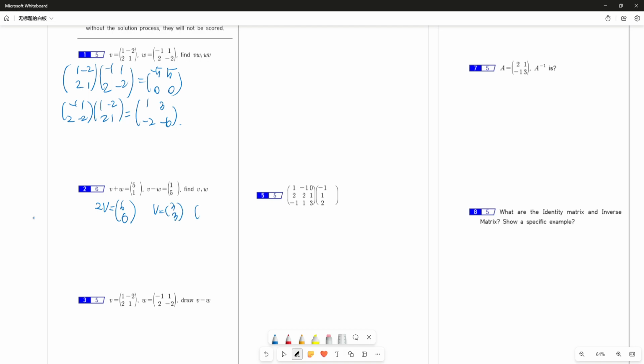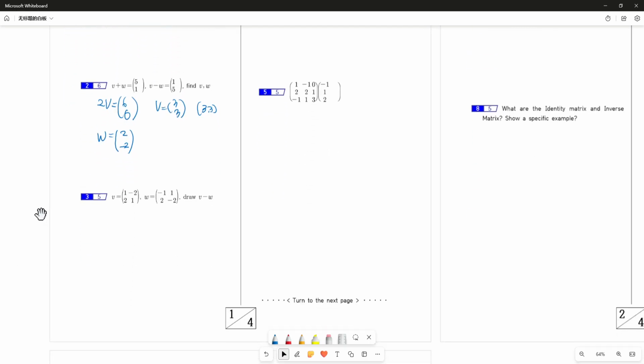Sometimes you can also write down 3 comma 3. Using the same procedure, for W we subtract the 2 results, then 4 and minus 4 equals 2 minus 2, or you can also write down 2 comma minus 2.